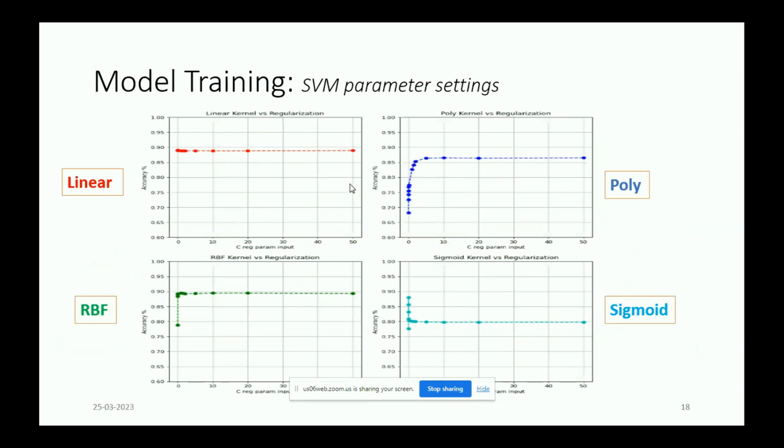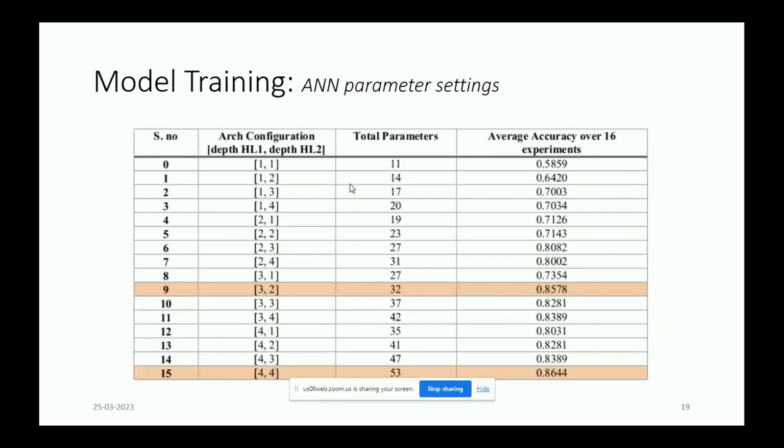We have taken different values, and through the experiment we found that for the linear kernel the accuracy is actually not affected by the C regularization parameter. This means the data is already quite separated in the linear kernel space. That is why we have selected the linear kernel for our support vector machine.